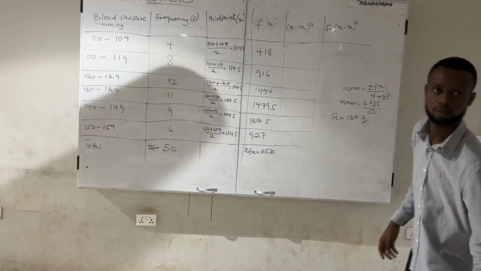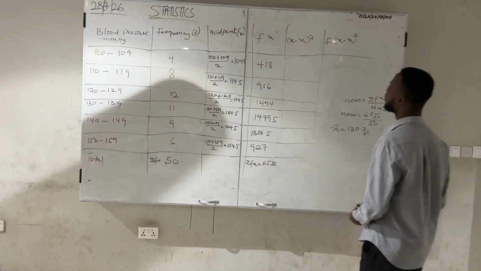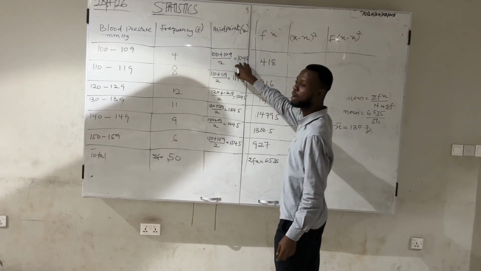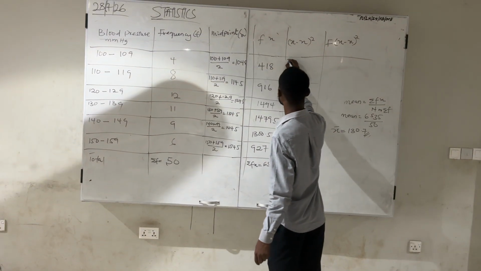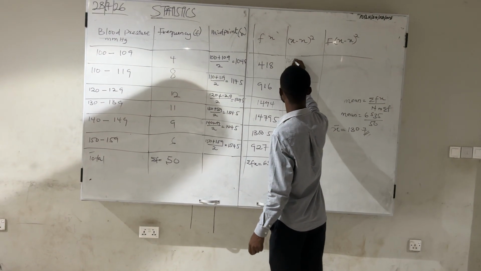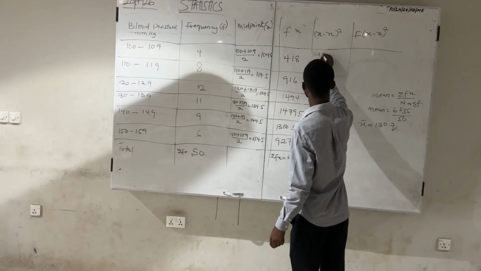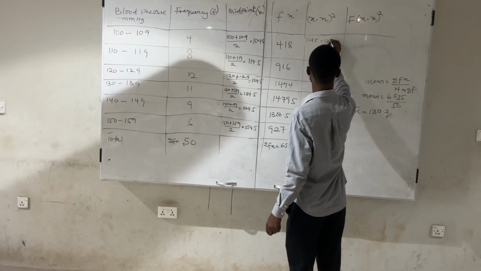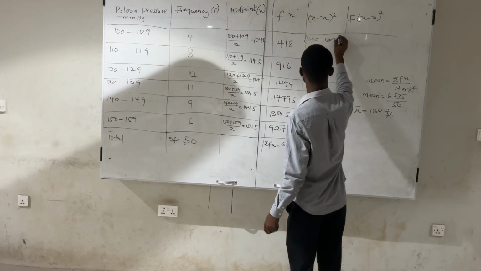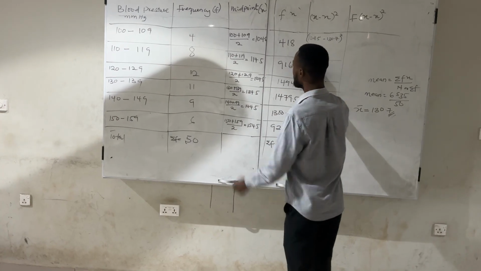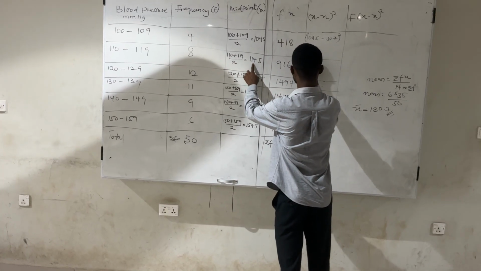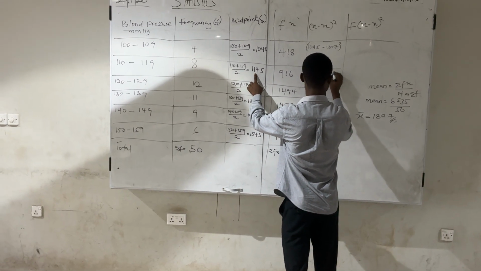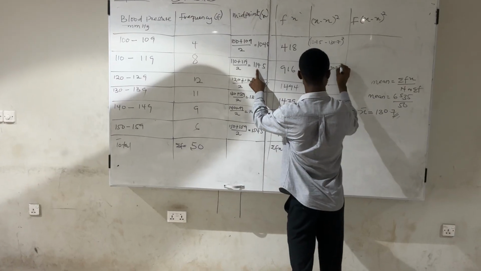Okay. So for us to calculate the deviation, you take each x, which is the midpoint. The midpoint is 104.5, subtracting it from 130.7, then we square it. Then we have 114.5 minus 130.7 all squared.